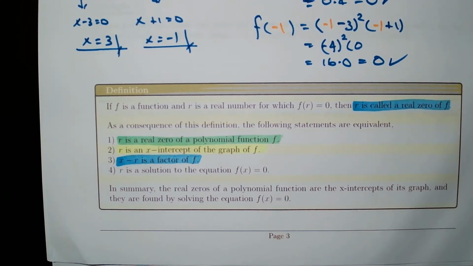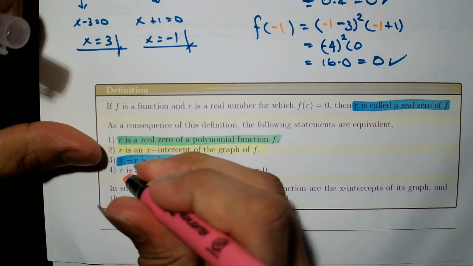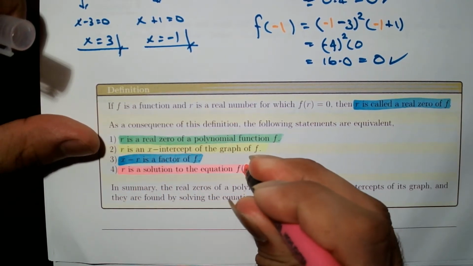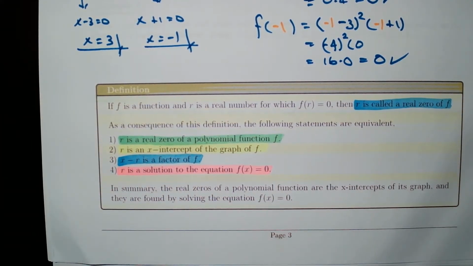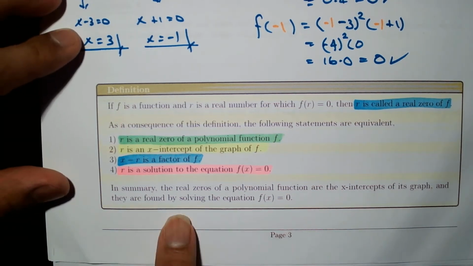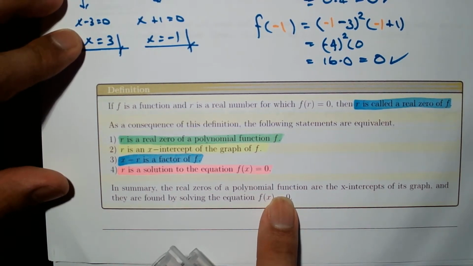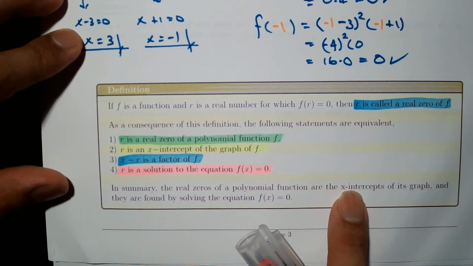And finally, r is a solution to the equation f of x equals 0. So those four statements are going to be true about r's that come from the polynomial.